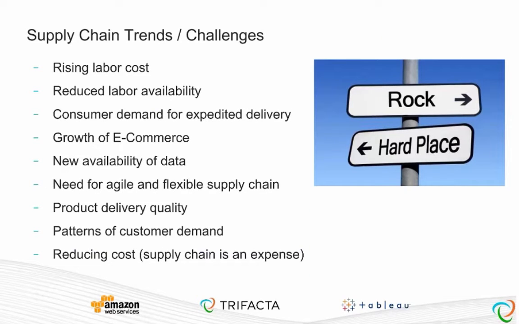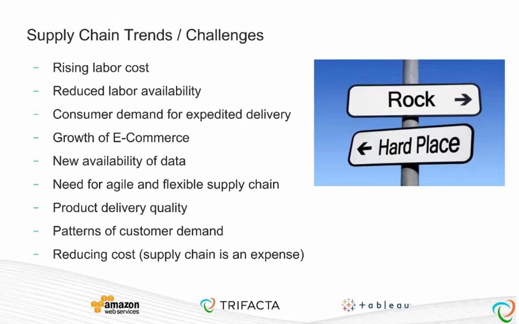So let's talk about some of the supply chain challenges that are going on currently in the market, just understanding some of the things that companies have to deal with. Rising labor costs, reduced labor availability, those are two key tenets of what's going on right now, and that leads into a lot of the projects that we work on, proposing automation for different things, and those require heavy analytical work to understand what those channels are and define those processes.